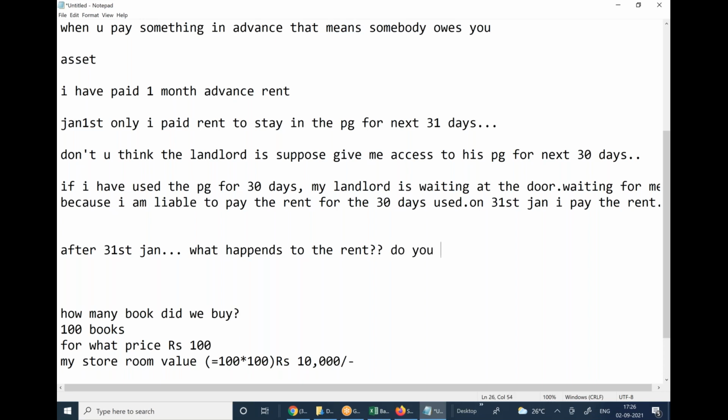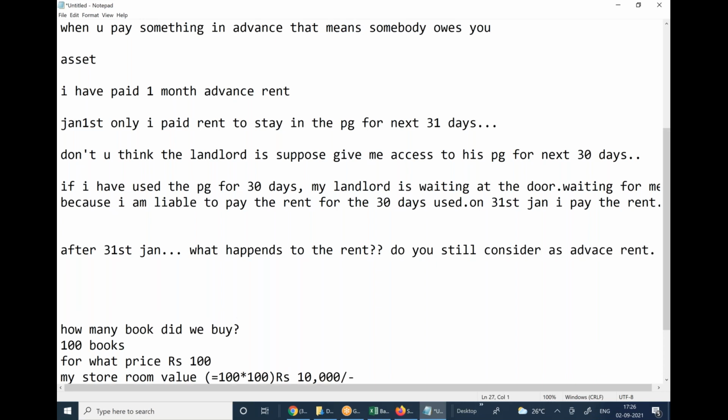Do you still consider it as advance rent when you have already used all 31 days? Do you still consider it as advance rent? Yes or no? You cannot say advance rent. Now it will be considered as rent paid.